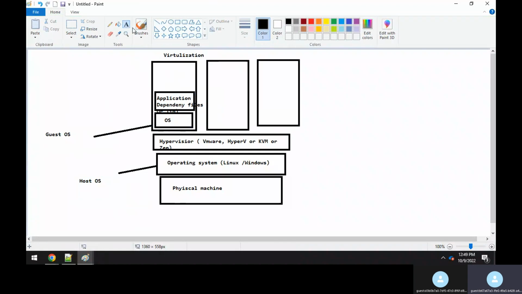And then on top of it, we used to install our application like this.